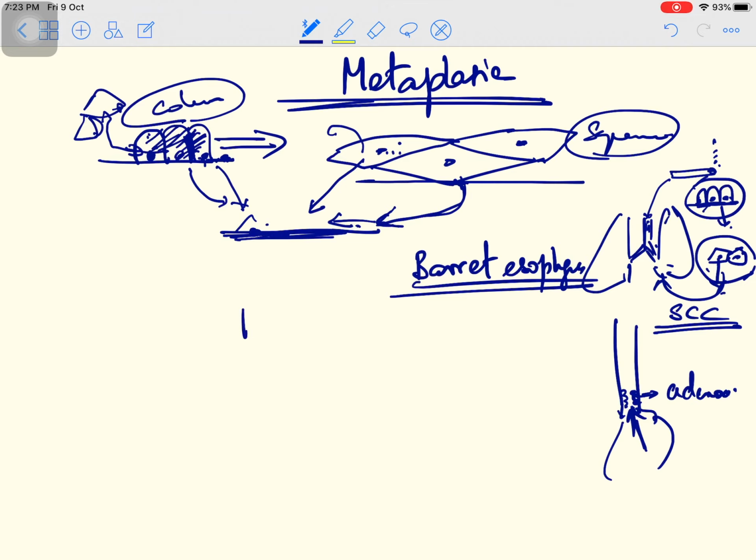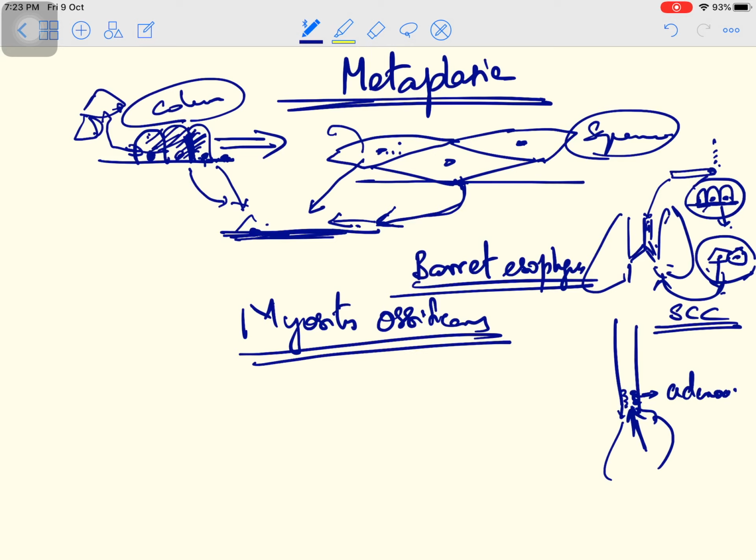Now what we understand is all these were adaptive changes to the environment. But there is another metaplasia called myositis ossificans that occurs in skeletal muscles.